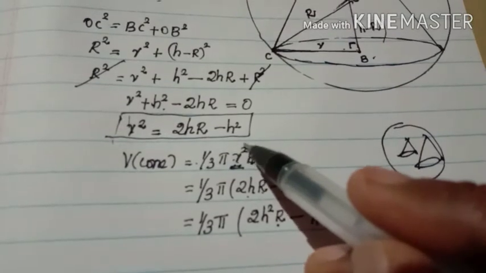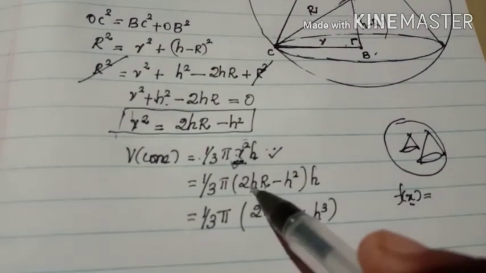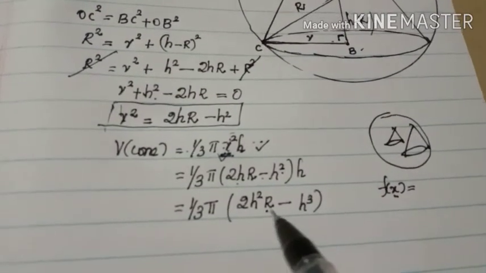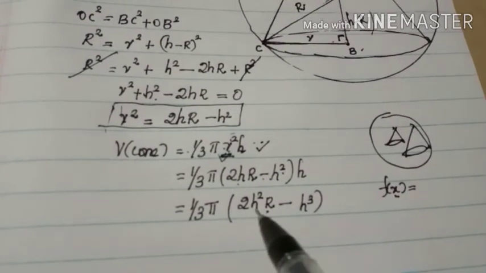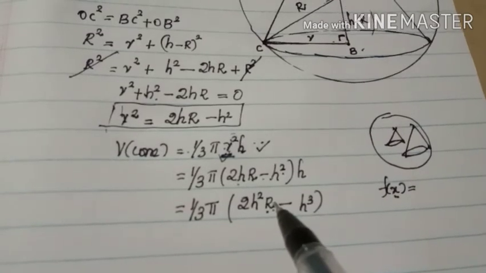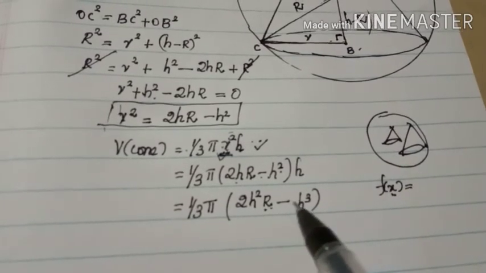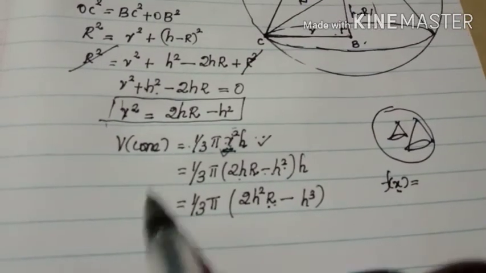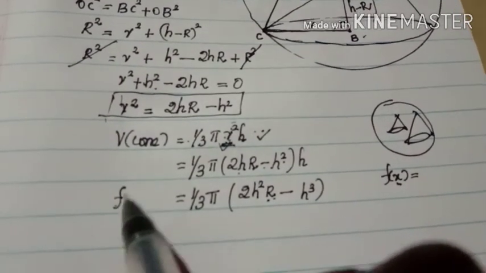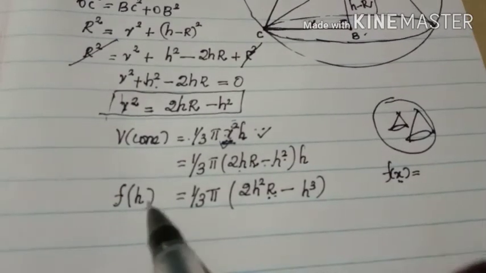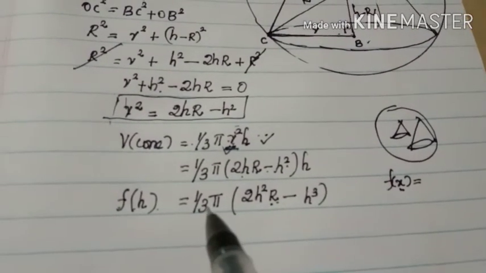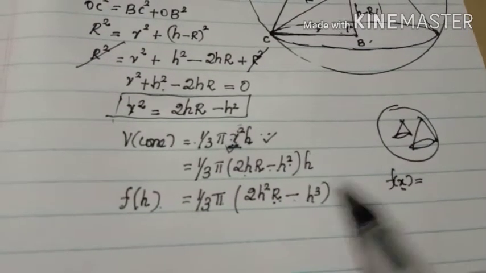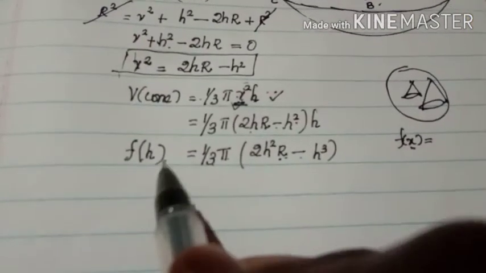That's why we replace r square as 2hR minus h square. Now please listen here. R is constant, and only one variable is h, and therefore volume of cone we can consider as a function in variable h. f of h equals 1 by 3 pi into 2h square R minus h cube. So we have a function.